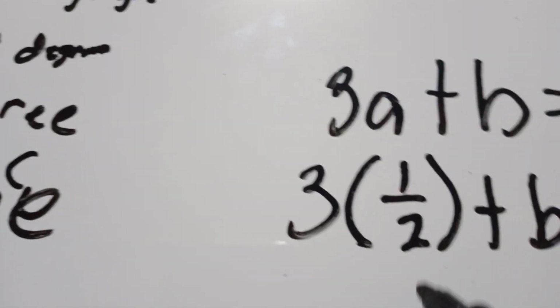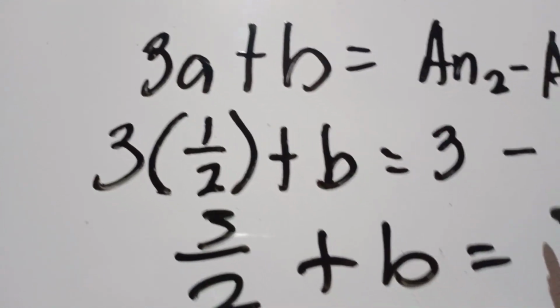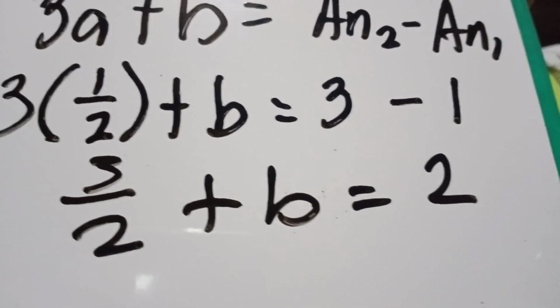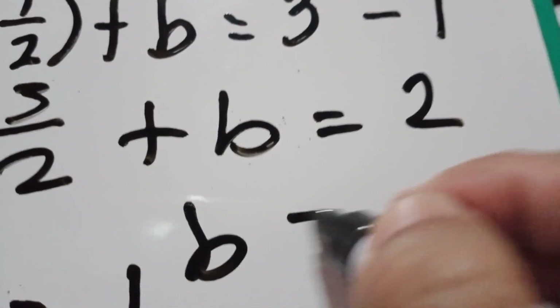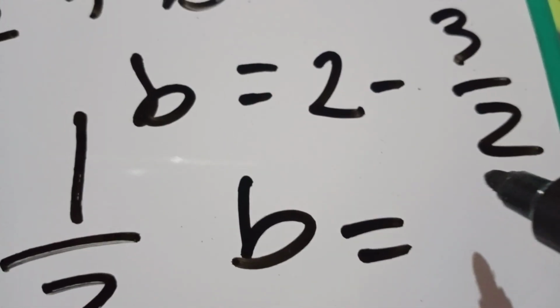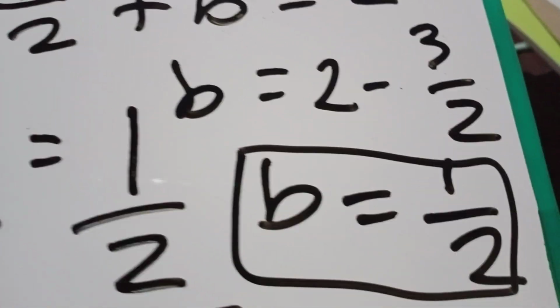So 3 times 1 half is 3 halves, plus b is equal to 3 minus 1, which is 2. So b is equal to 2 minus 3 halves, and b is equal to 1 half. Now we have the values of a and b, so only c is left to find.